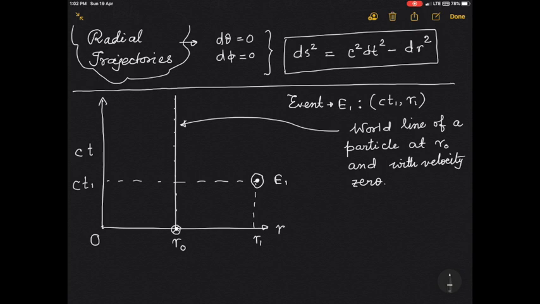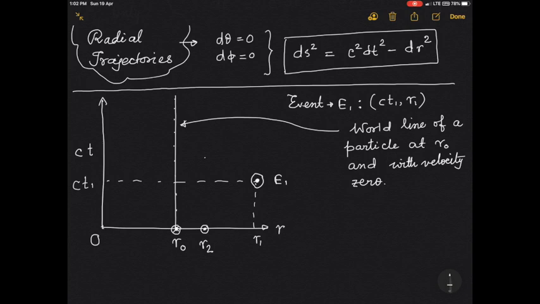Now imagine that there is a particle which moves. Say the particle was at some place r2 at t equals 0, and it moves with a velocity v. So what will happen after a certain amount of time?